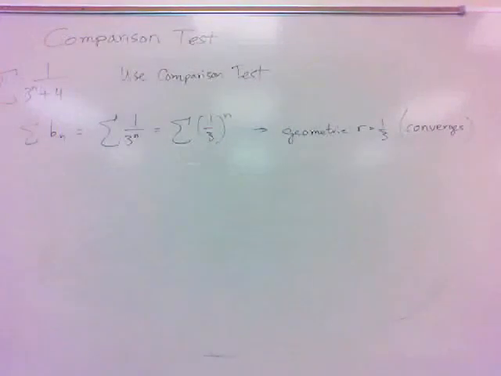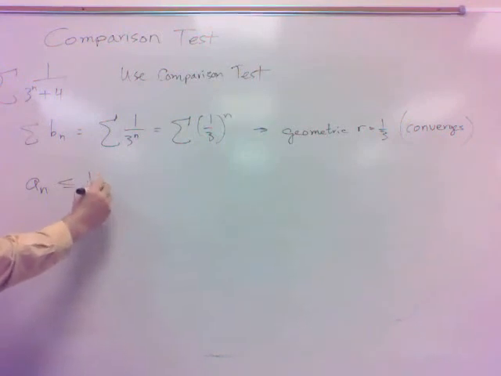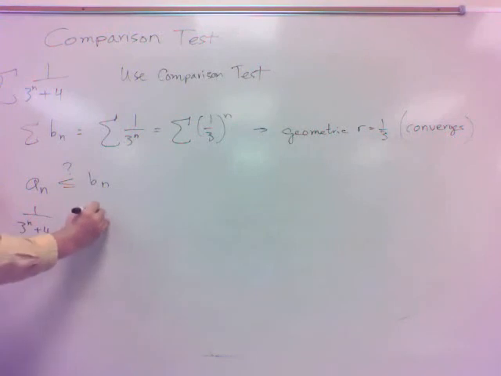Okay? So for the comparison test to work, is it true a sub n is less than b sub n? Well, that would say 1 over 3 to the n plus 4. Compare that to 1 over just 3 to the n. Is that less? Greater? It's less, isn't it? Why is it less? Same reason it was less a while ago, right?